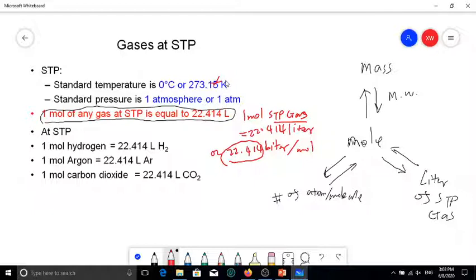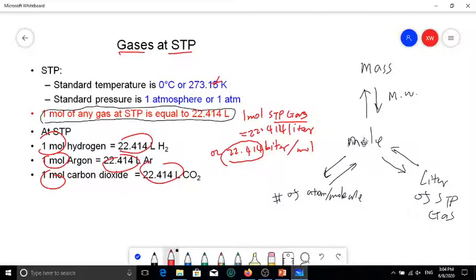Any gaseous phase under this temperature and pressure, it doesn't matter what kind of gas, whether it's a single element gas like hydrogen or argon, or a compound or molecular gas like carbon dioxide. 1 mole of these things is always going to be 22.414 liters under this temperature and pressure. So when people say gas at STP, that means you can use this number.